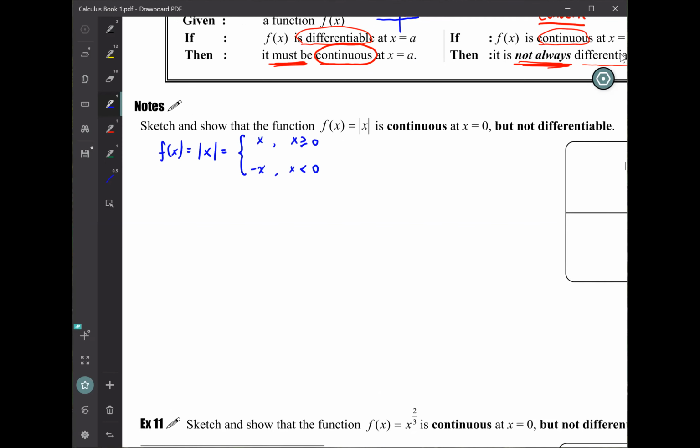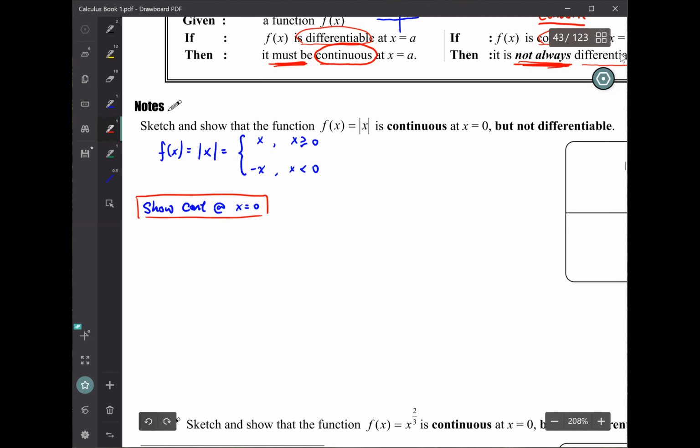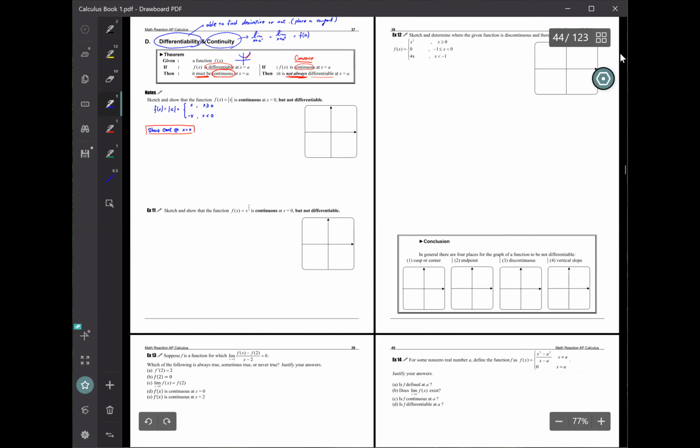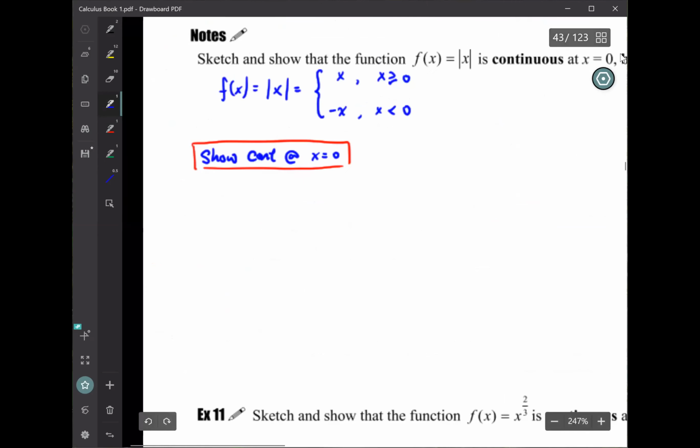Okay, so first thing we're gonna show that it's continuous. And then we're gonna show that even though it's continuous, it's not differentiable there. So let's write that down. Show continuous at x equals 0. That's our first job. And to show continuous, as we mentioned above, we need to do left limit, right limit, and the point, and see if they're equal. So let's start with the left side.